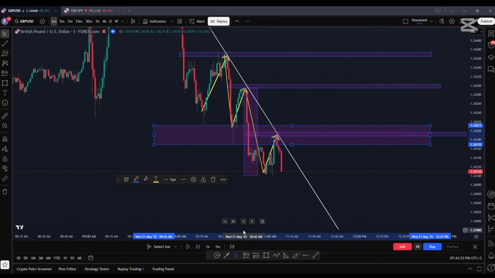Why? Because at this zone we're having our trend line, and that trend line is meeting with our resistance line, meeting with our previous lower high, and also at this zone the market is meeting with the structure.